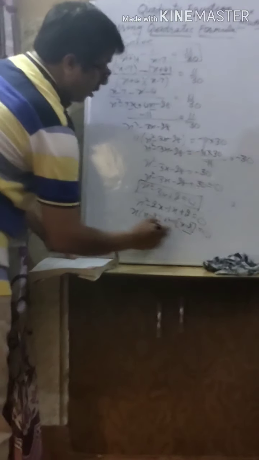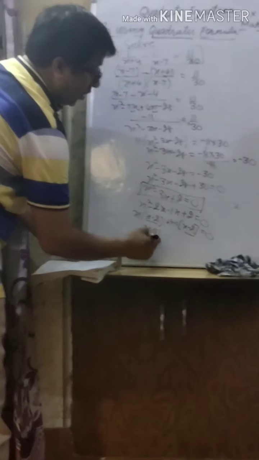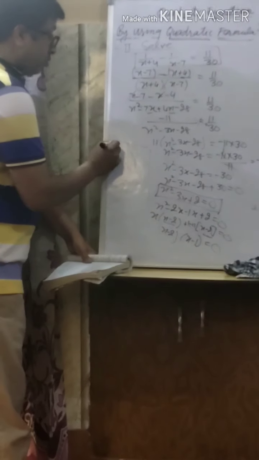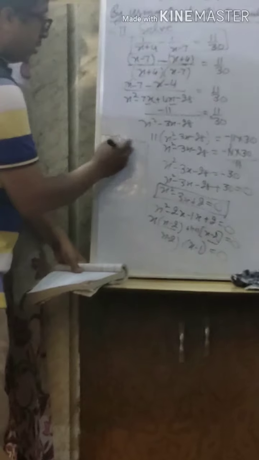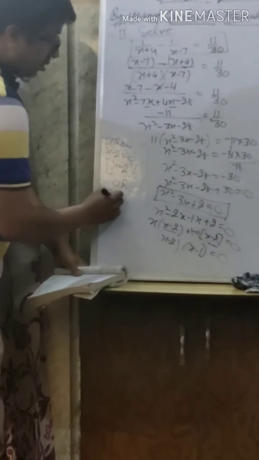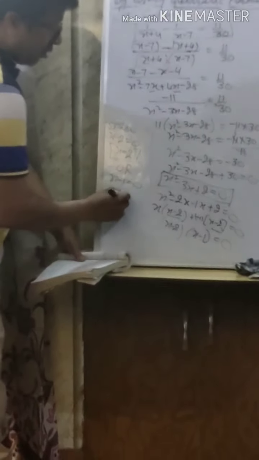So x minus 2 outside, x minus 1 inside. So the product of two factors is equal to 0. So either x minus 2 equal to 0, that is x is equal to 2, or x minus 1 equal to 0, that is x is equal to 1.